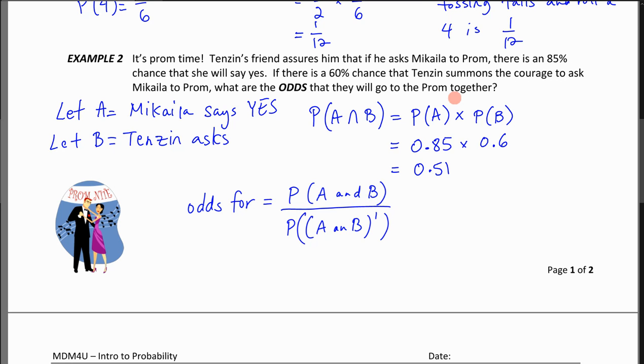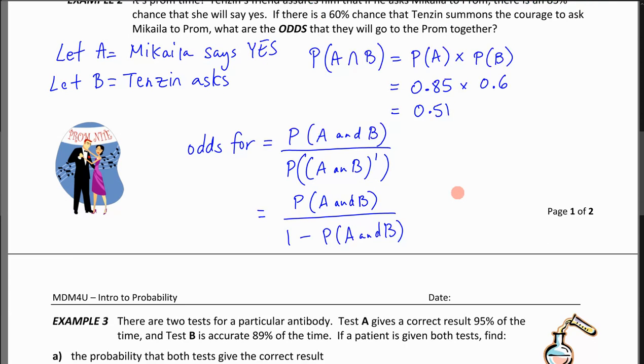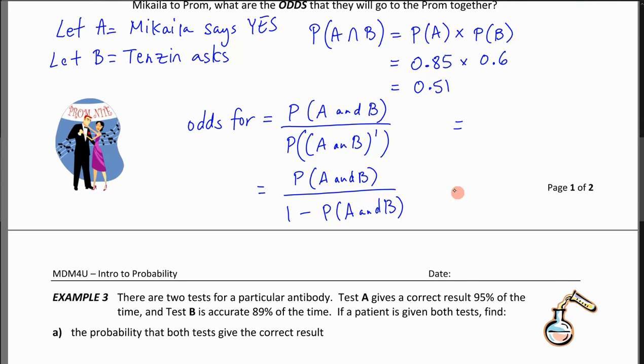I can rewrite that as the probability of A and B divided by 1 minus the probability of A and B. In other words, what's the probability that they both go to the prom together divided by the probability that they don't go to the prom together. That's pretty simple. So that's going to equal 0.51 in the top.